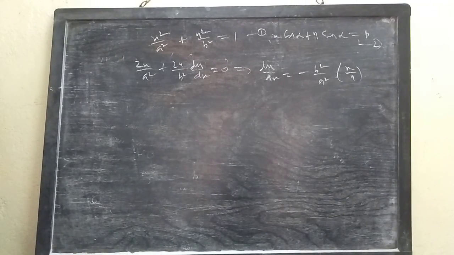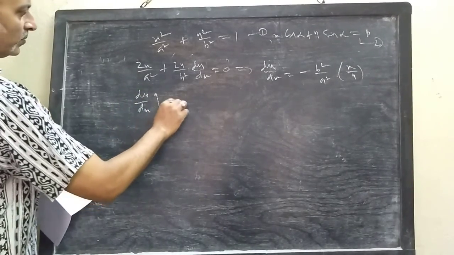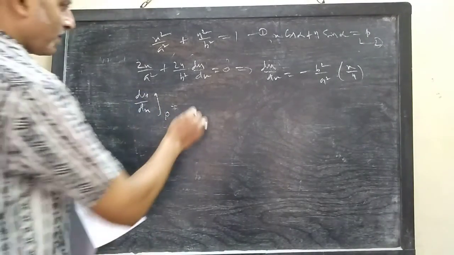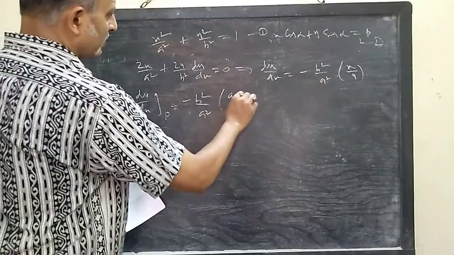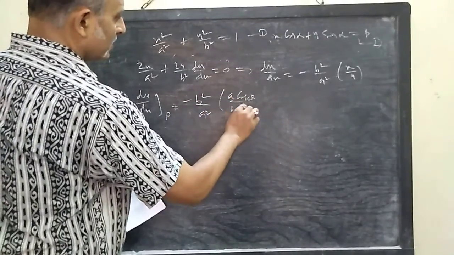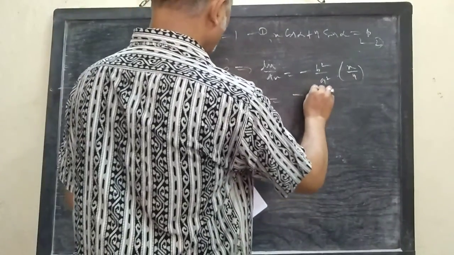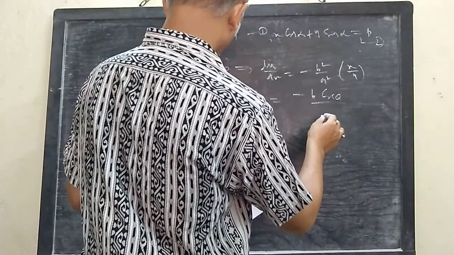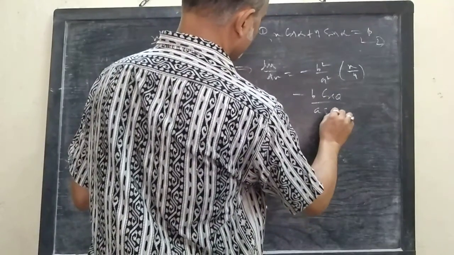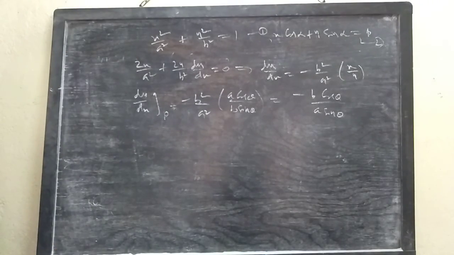Now dy dx at P, means a cos theta, b sin theta, we get minus b cos theta by a sin theta. Look, this is the slope of the tangent to the curve at the point P.